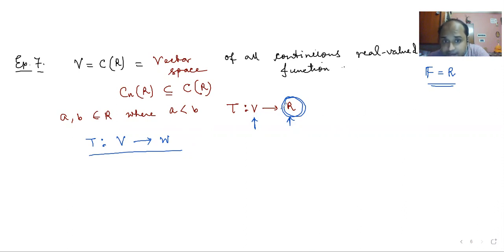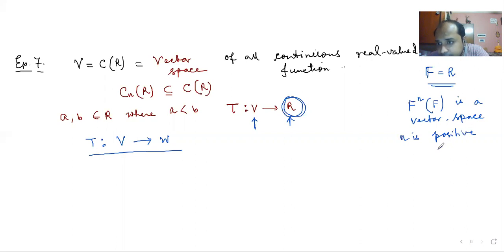So you see, you have shown that F^n over F is a vector space. That has been shown in general in chapter 1, where n is a positive integer.